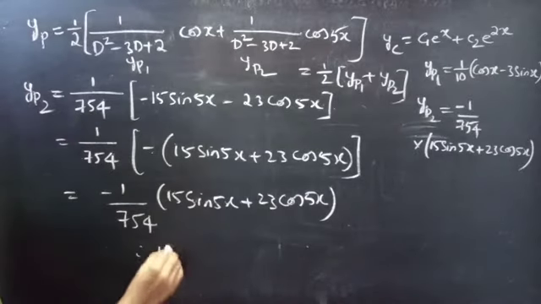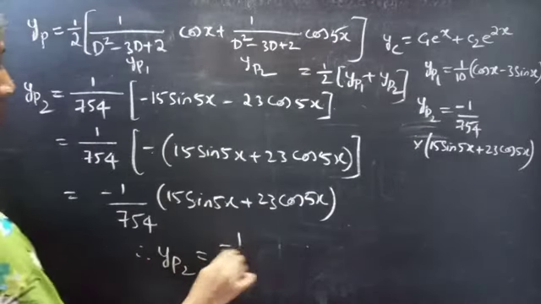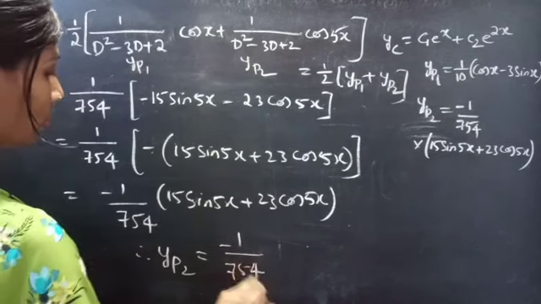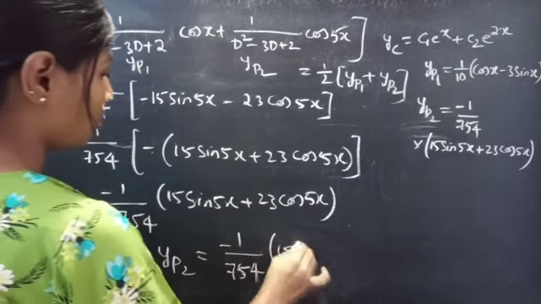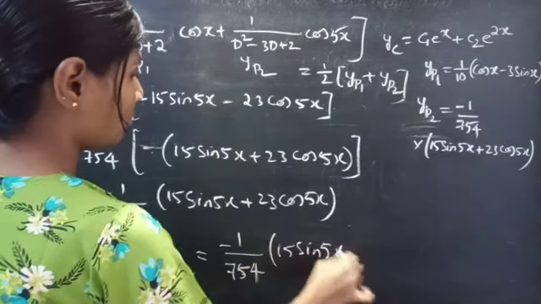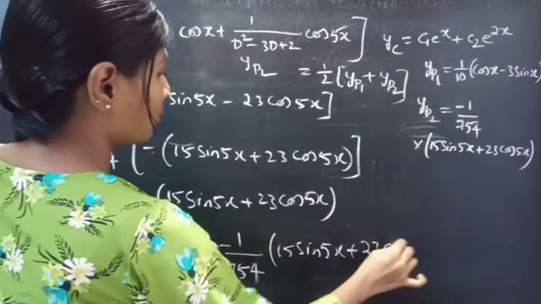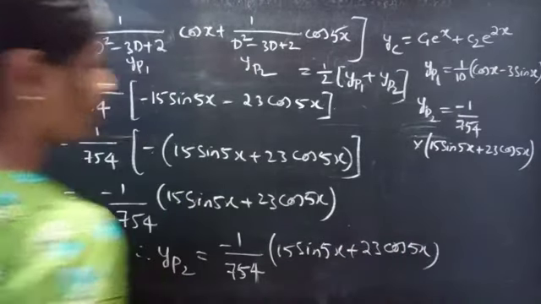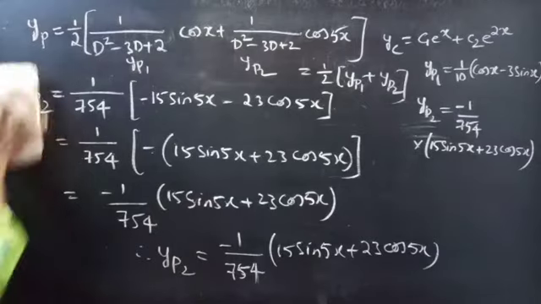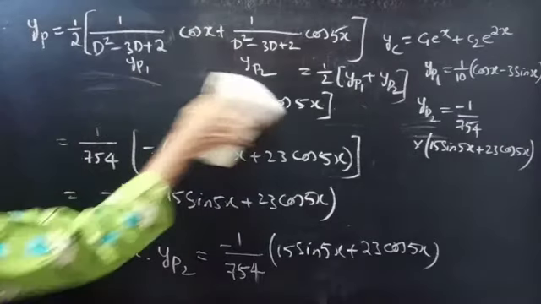Therefore, yp2 equals minus 1 by 754 into 15 sin 5x plus 23 cos 5x. Right? Now, coming to yp.